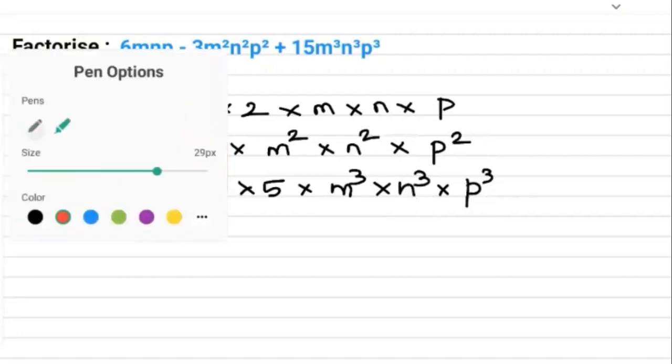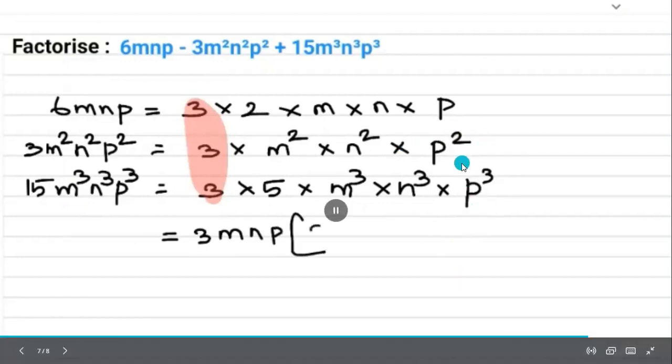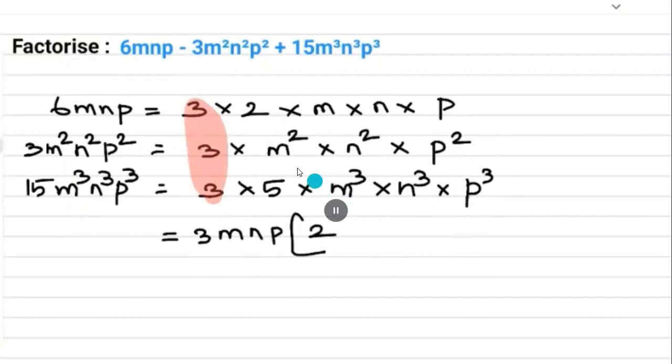So take the minimum power: m power 1, n power 1, and p power 1. So the common factor is 3 into m into n into p. We have taken m, n, p, right? So only 2 is left in the first term. And from the second term we have taken 1 m as common, so m, n and p remain.